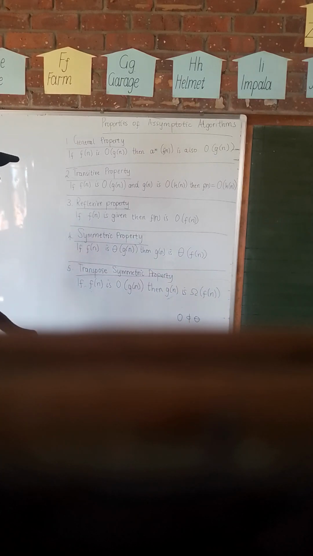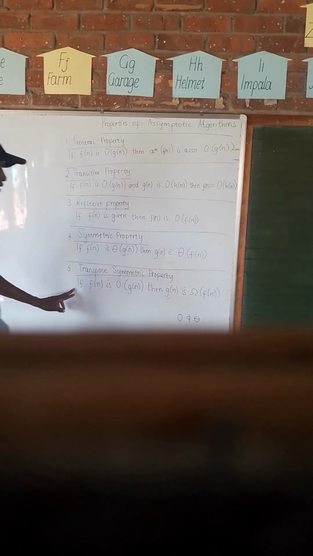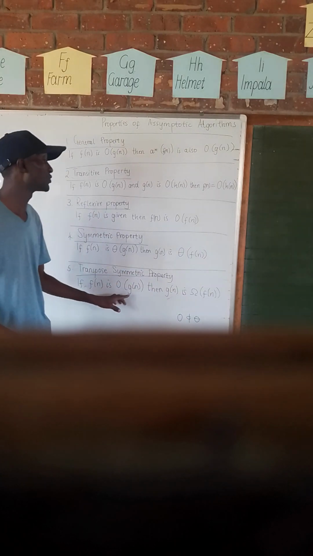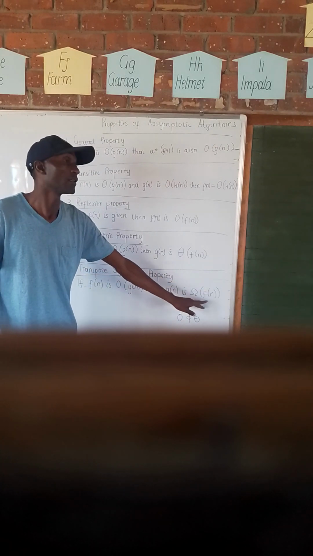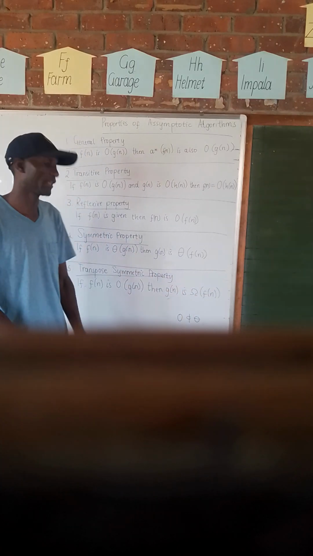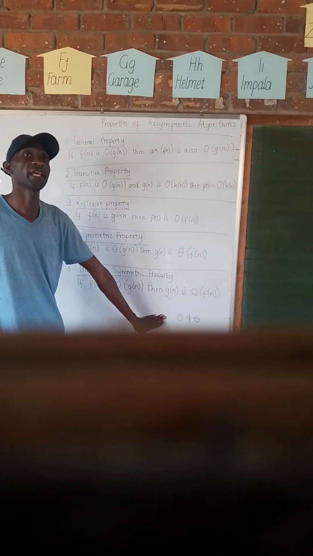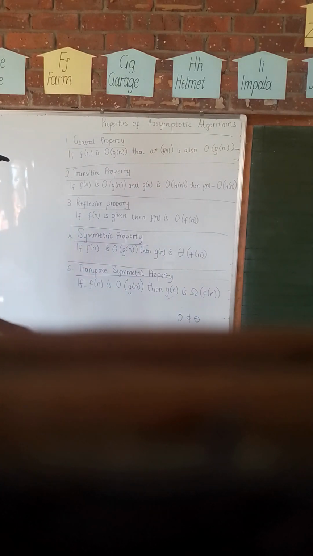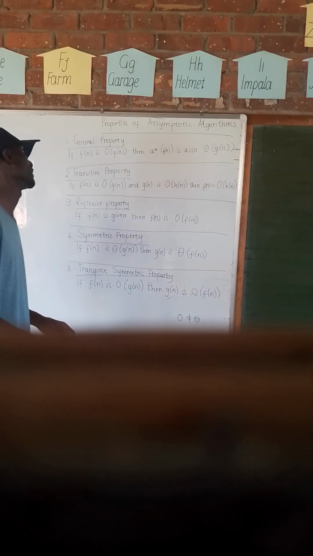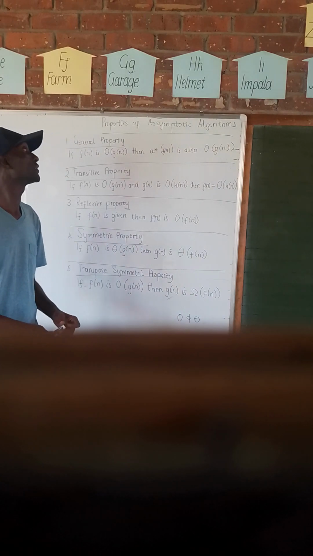Then the fifth property, which is the transpose symmetric property, states that if f of n is O of g of n, then g of n is omega f of n, and this property satisfies both the big O and the theta notations.